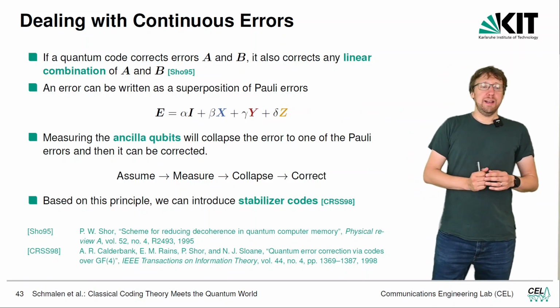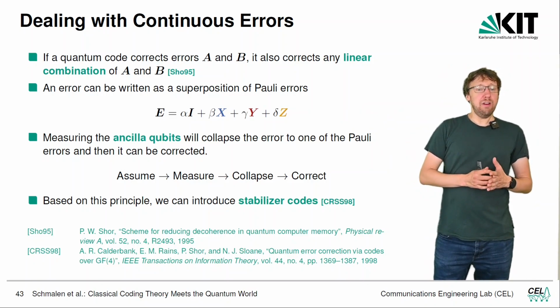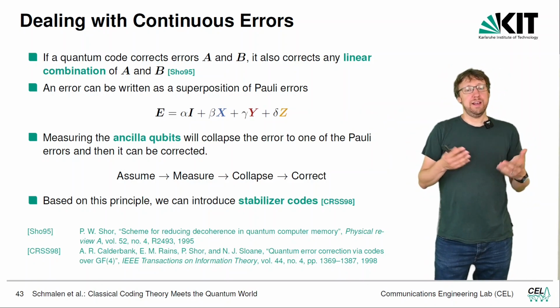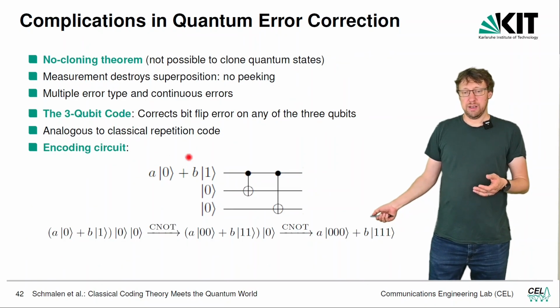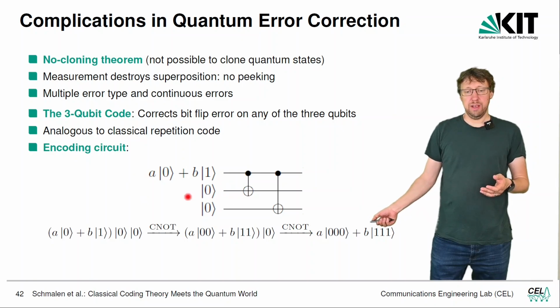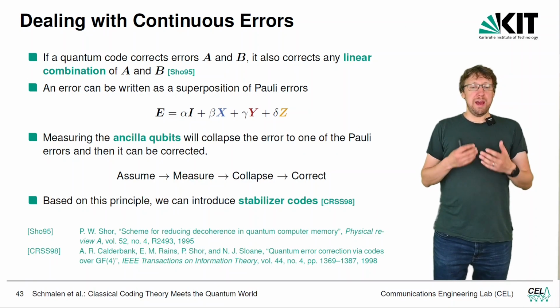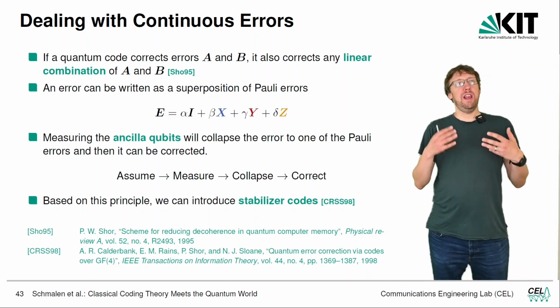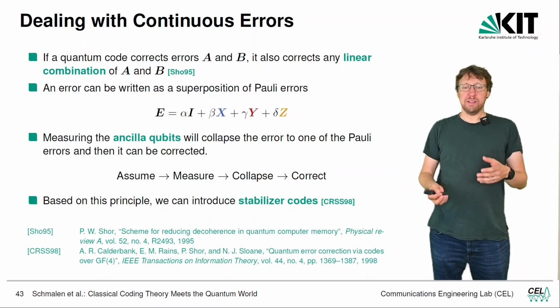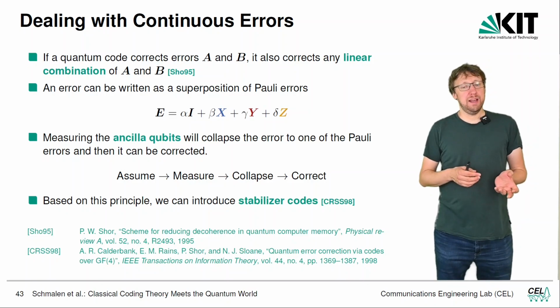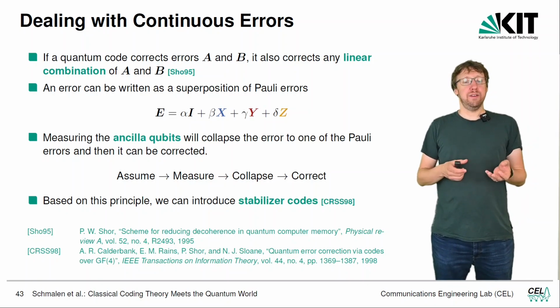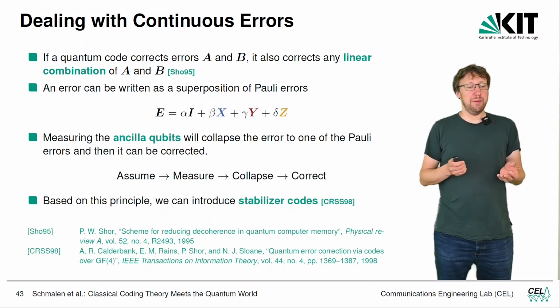So what is the idea of the error correction? The idea is that we take these ancilla qubits, which are the extra qubits that we introduced, we measure those and we collapse the error to one of the Pauli errors, which we can then correct. And this is the main idea behind the framework of what we call stabilizer codes.